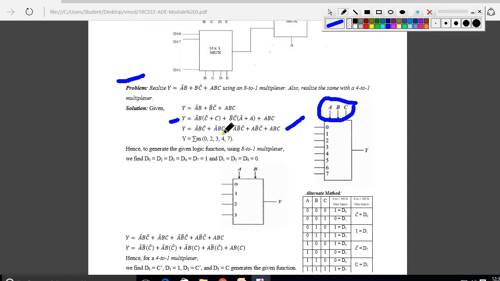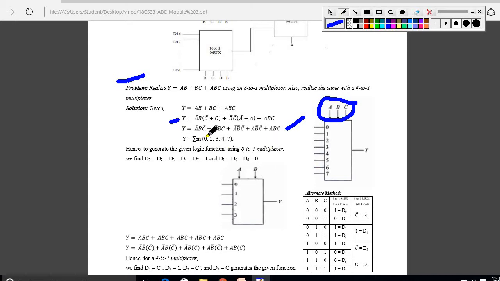Wherever 0 is there, we consider it. It is not that you have to connect everything to plus 5 volts; only whichever minterms are in the obtained expression, for those the data inputs are 1.